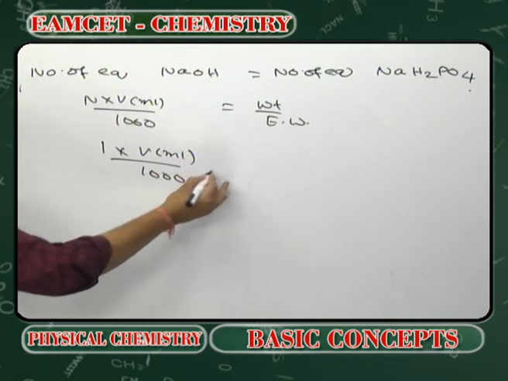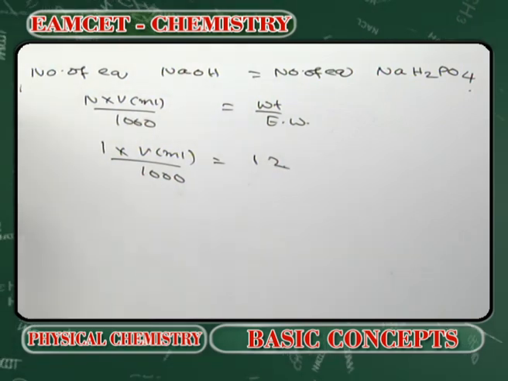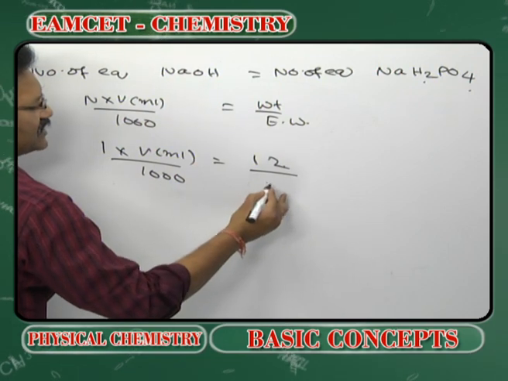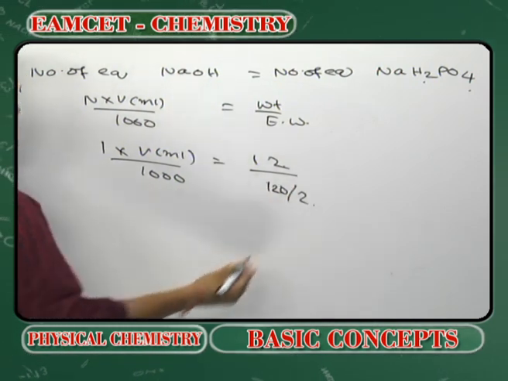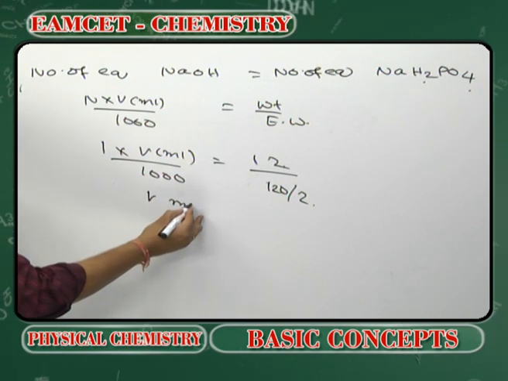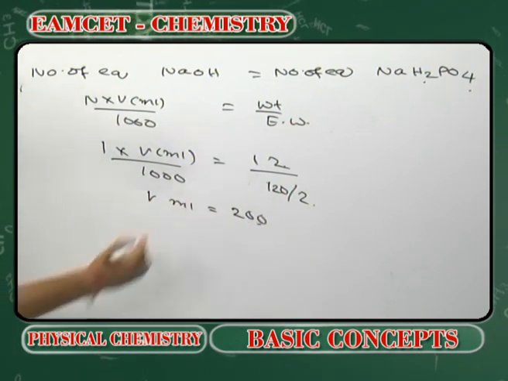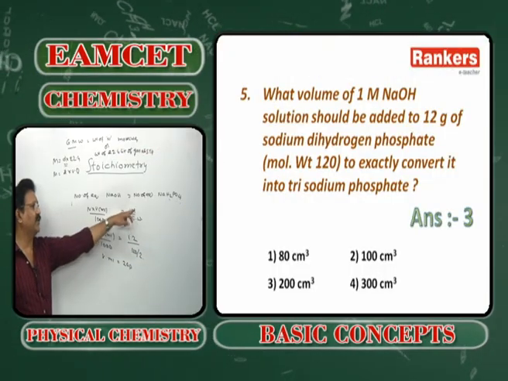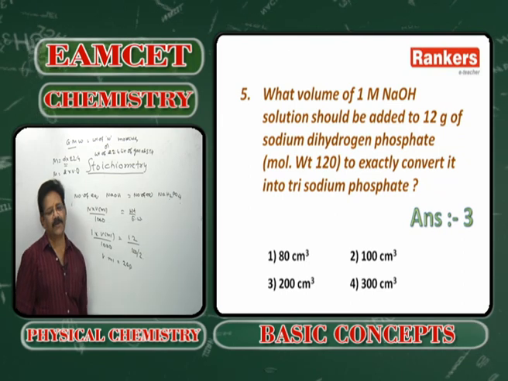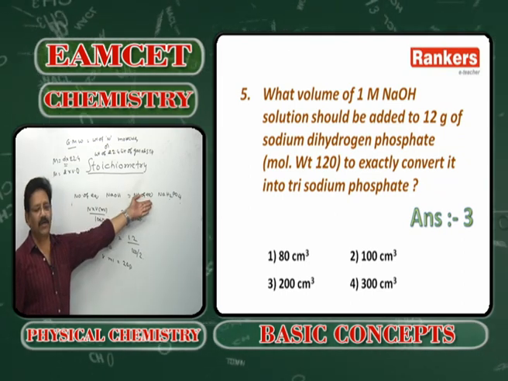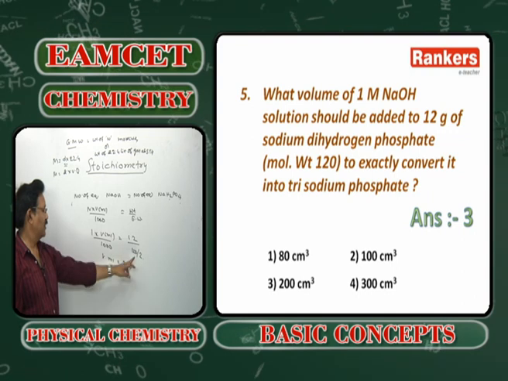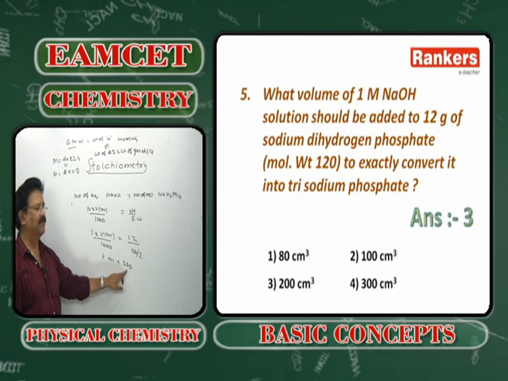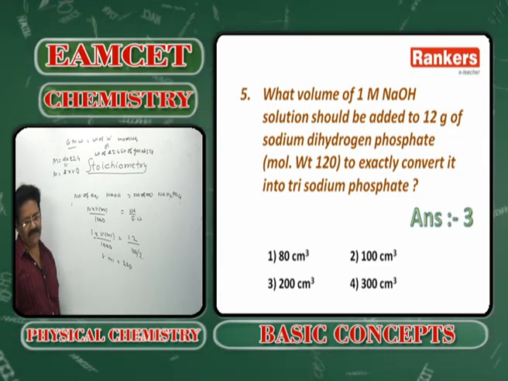What is the equivalent weight of sodium hydrogen phosphate? It will be 60, 120 by 2. Calculating, volume will be 200 ml. Answer is 3. So on solving, volume will be 200 cc. Next question.